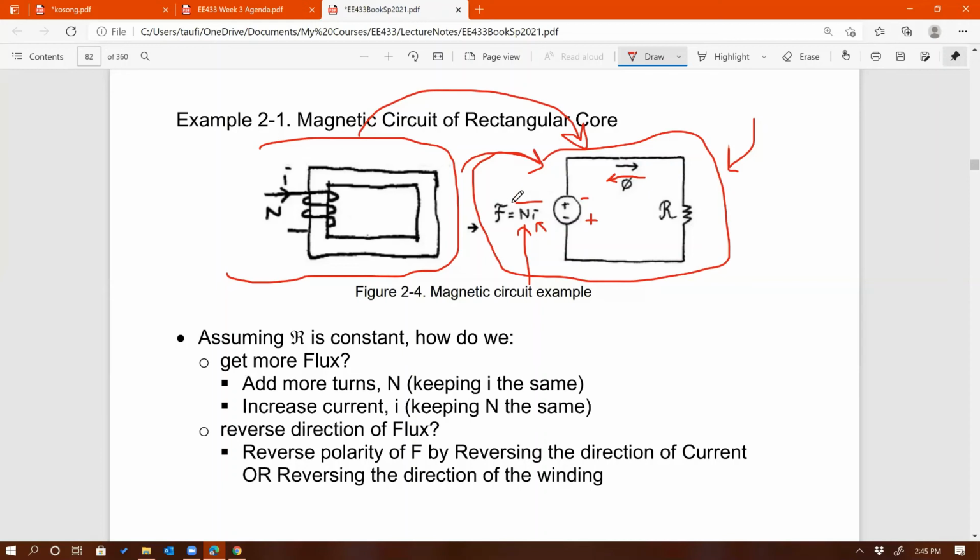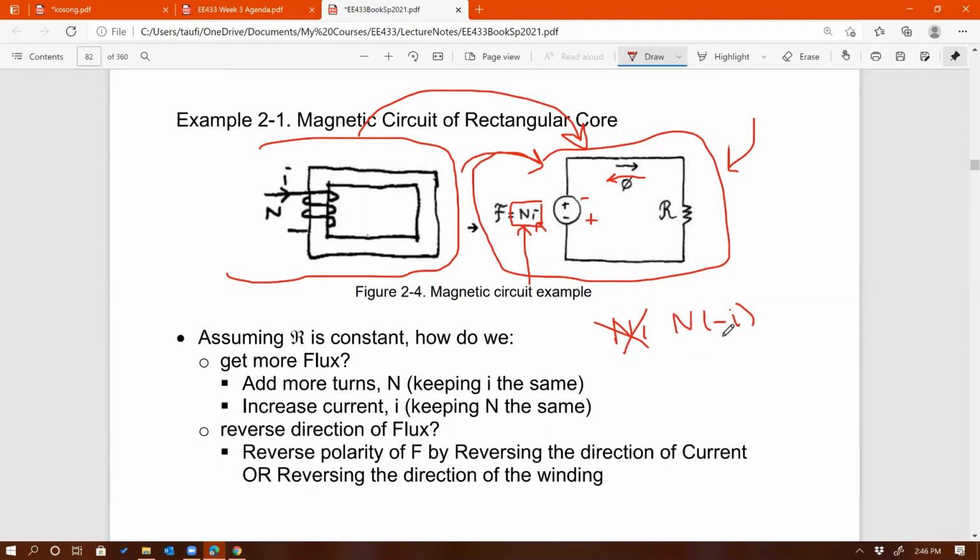One thing that you can guess is that if I change the direction of I, so instead of Ni, I'm going to do N times minus I, then it will flip, right?